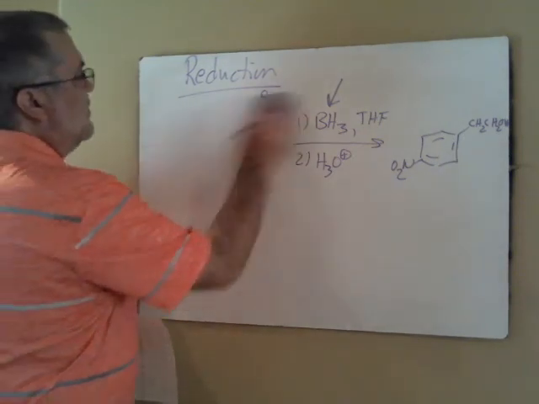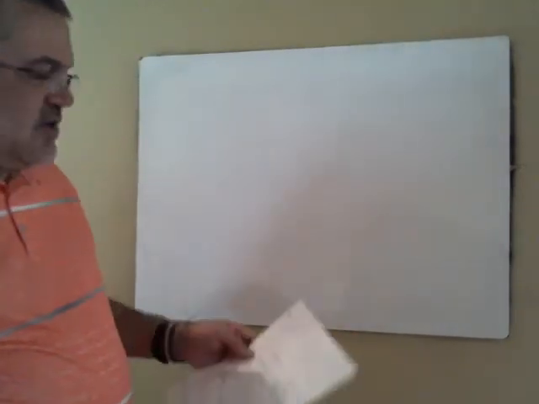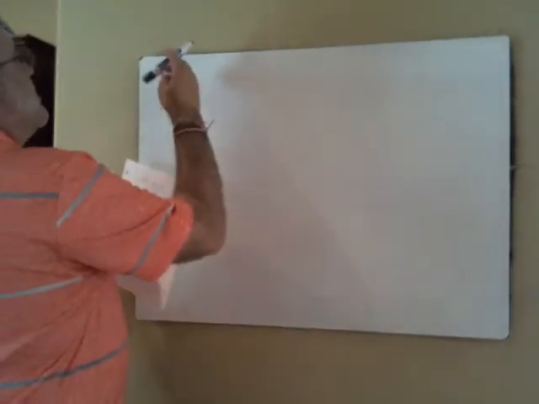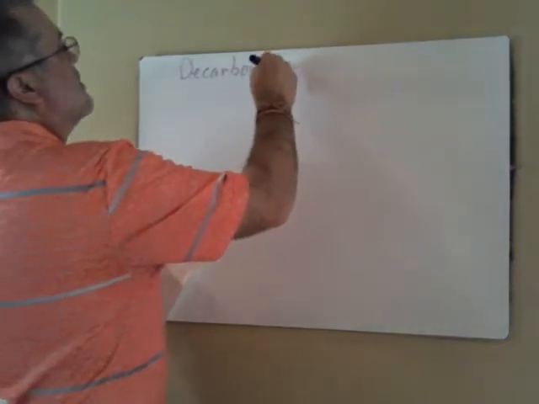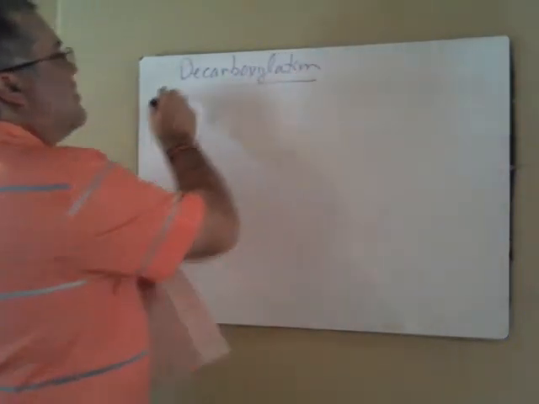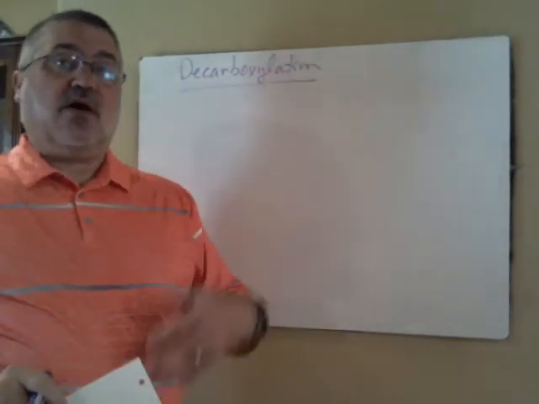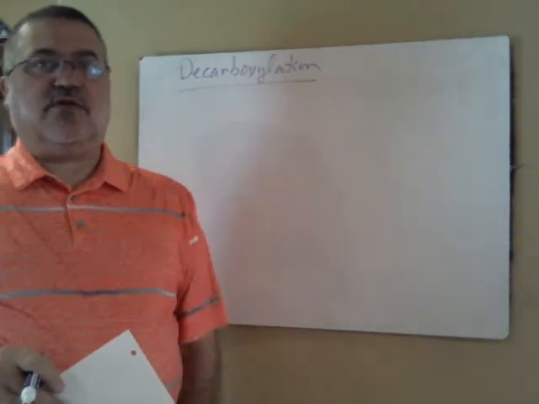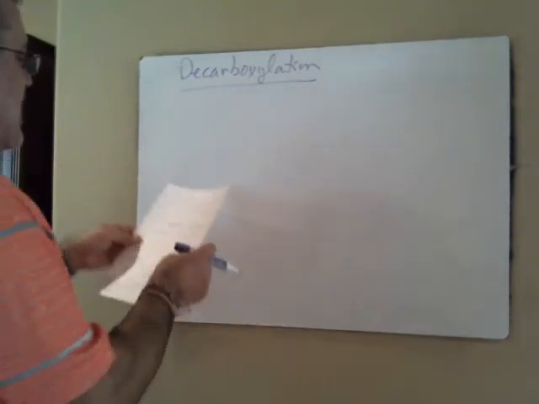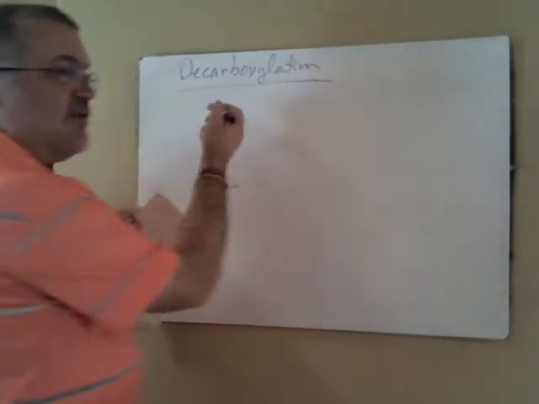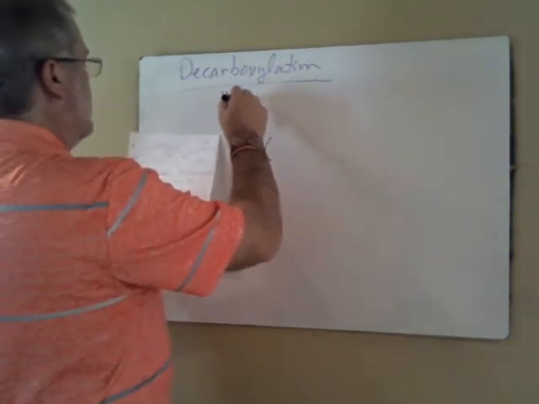Okay, next reaction is the decarboxylation. And remember, the decarboxylation was what we said was kind of the reverse of the Grignard with CO2, because that was adding a carboxyl group. Now I'm removing it. Okay? And the reaction that affords the decarboxylation is named after someone.